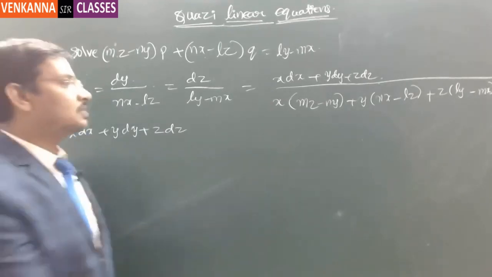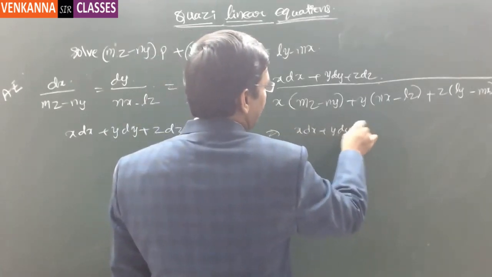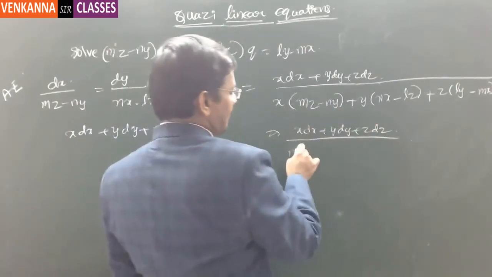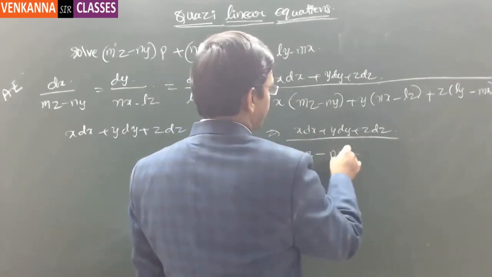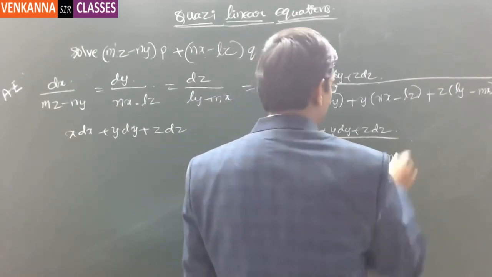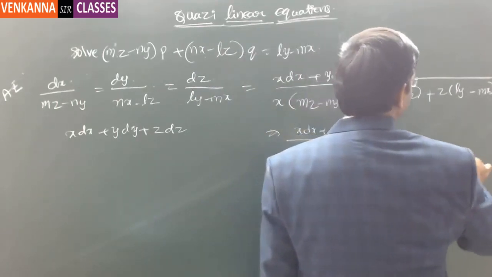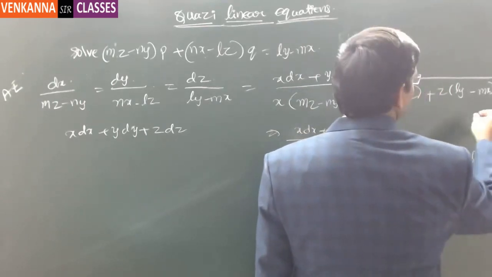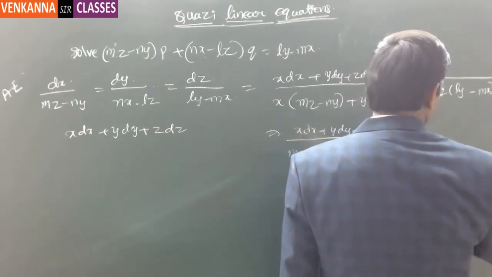Now if you try to simplify this, this is going to be x dx plus y dy plus z dz. In the denominator, this is mxz minus myz plus nyx minus nlz plus zly minus mxz.